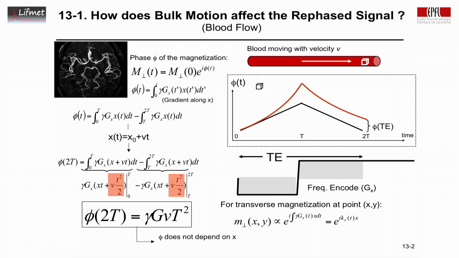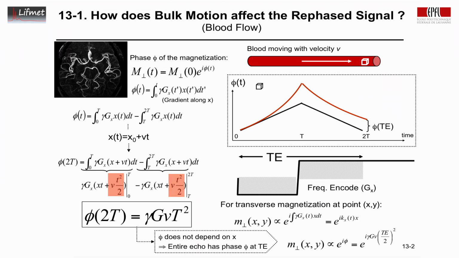So this is position independent, so it's a direct encoding of the velocity, and that means that the entire echo, if all the magnetization is moving at this velocity in the direction of the gradient, has a phase phi at the time TE. So we can now write the magnetization at a position in the voxel as proportional to e to the i phi, and phi here is given by the expression on the left. In this expression I've substituted 2T with TE, so now we have the term here.